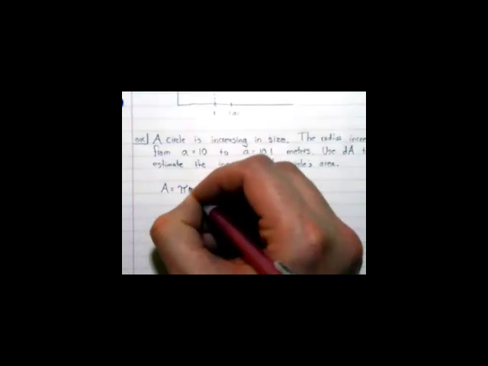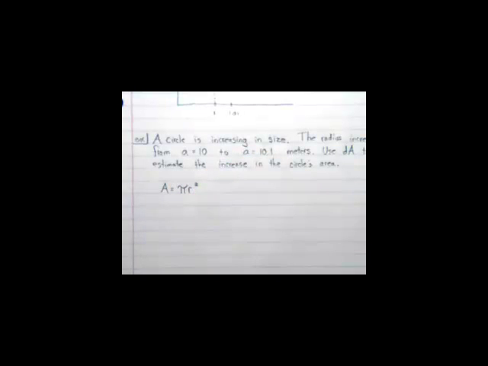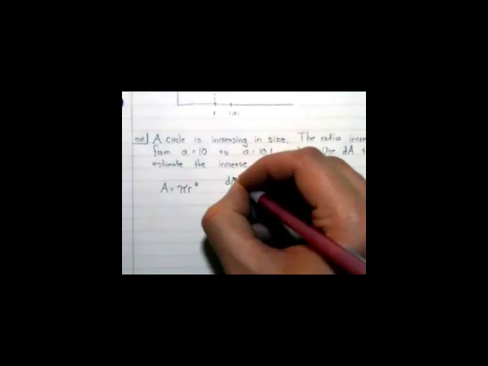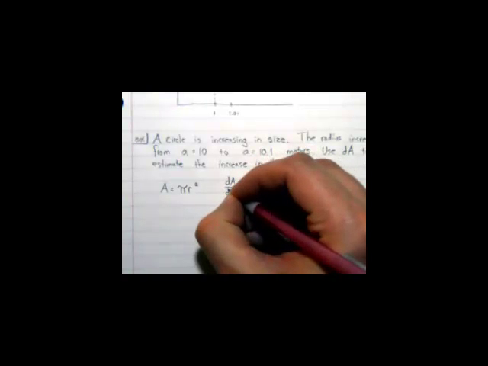Area of a circle: area equals pi r squared. All right, so what's the derivative dA/dr of that equation?